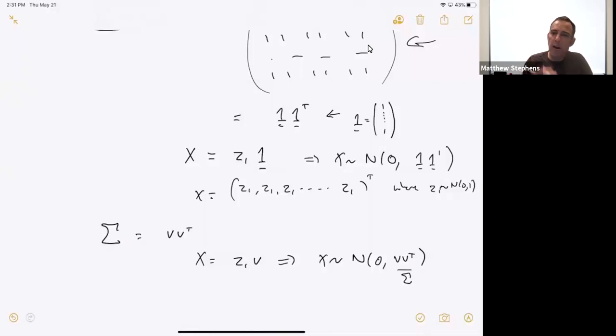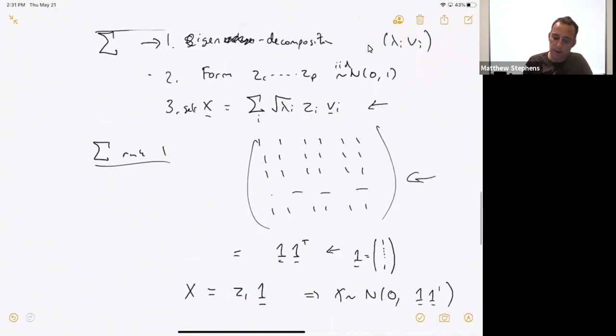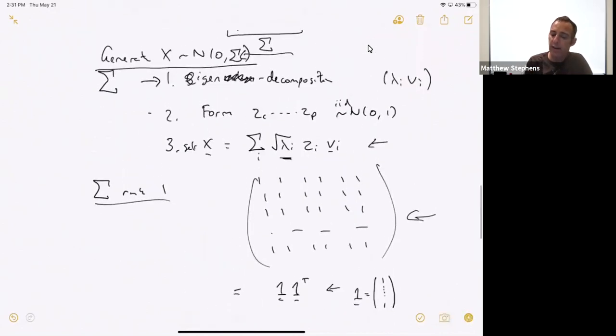Obviously higher rank gets complicated, but you can now start to think about how the eigenvalues, remember, are also going to impact the scaling. So if you've got a sigma that has a few large eigenvalues and the rest are all small, then the data generated from a normal with that variance covariance matrix are going to lie along these lines.